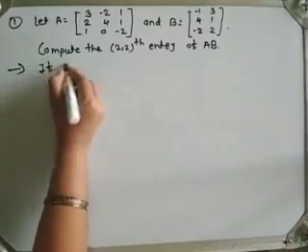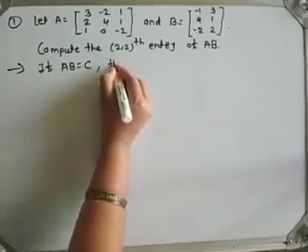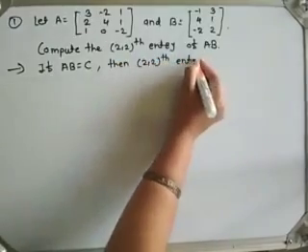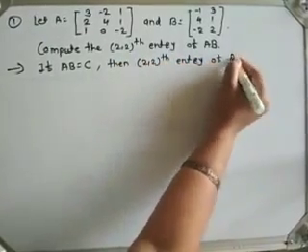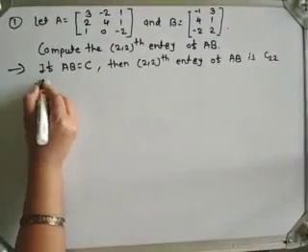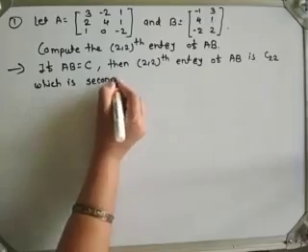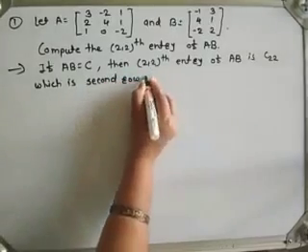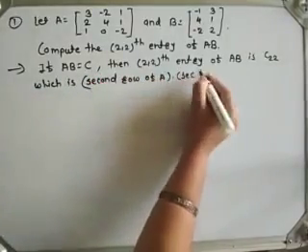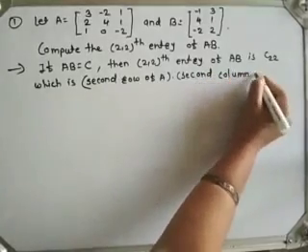For this purpose, if AB is equal to matrix C, then the (2,2)th entry of AB is obviously C22, which is nothing but the second row of A times the second column of B.